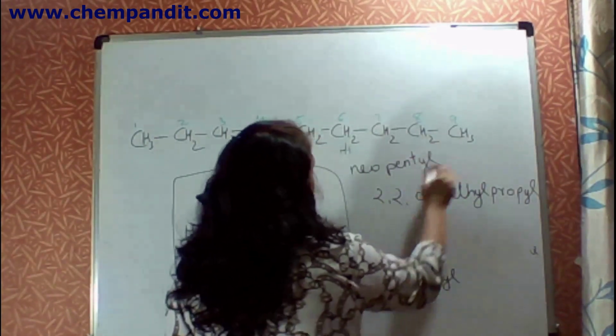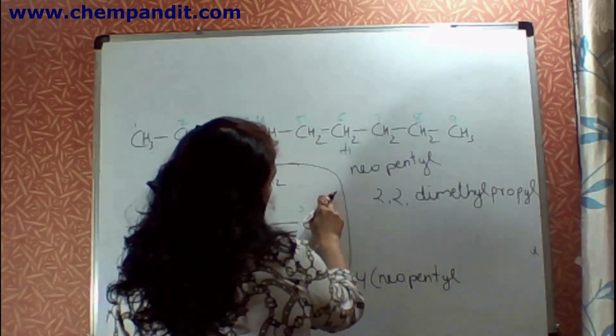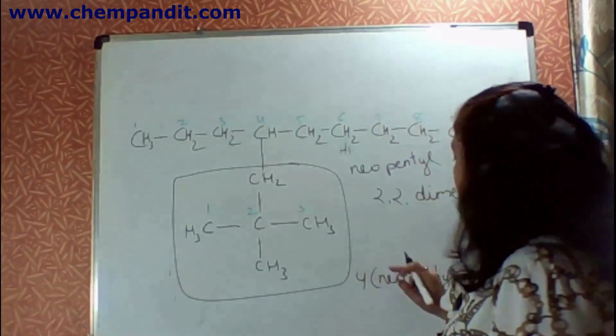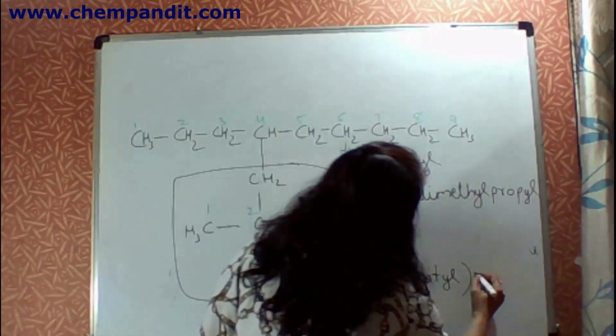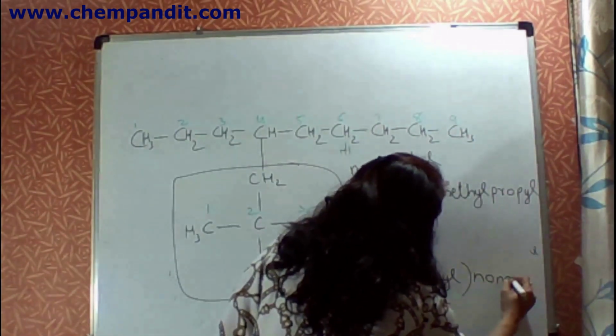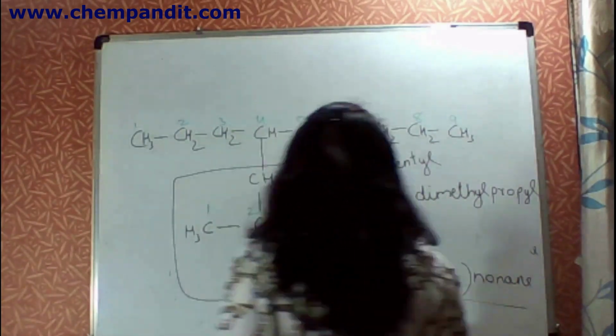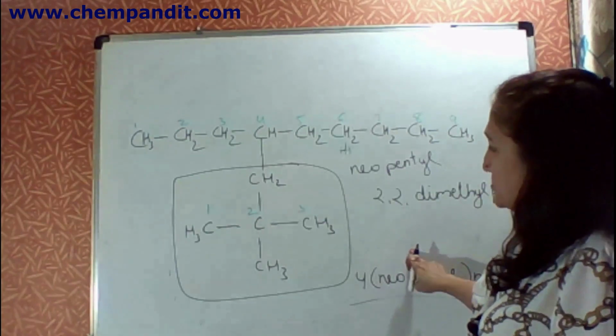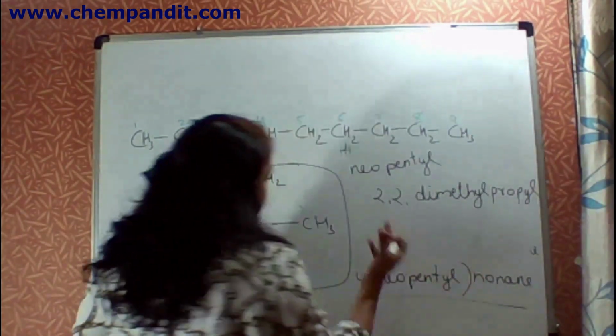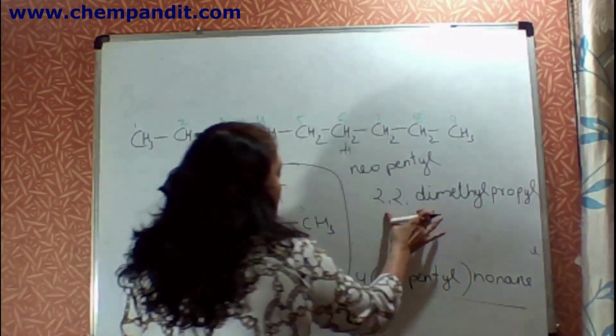This will become as neopentyl. Clear? So the name can be written as 4-neopentyl. It is a nonane. 9 carbon atoms, all single bonds. So nonane. So IUPAC permits to write the common name also. But as I said, it is better to write the IUPAC name.